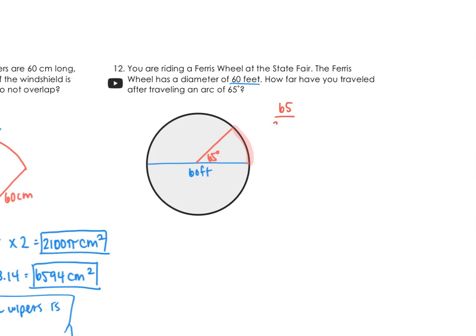All right, so pretty straightforward. It's the fraction, so 65 over 360 times 2 pi. And my radius, the diameter is 60, so we're going to divide that by 2, so my radius is 30. So 2 times pi times 30. Then we multiply straight across. So to get my in terms of pi answer, I'd multiply the number 65 times 2 times 30. We get 3,900 pi over 360. And then divide here. So 3,900 divided by 360, you get about 10.83.